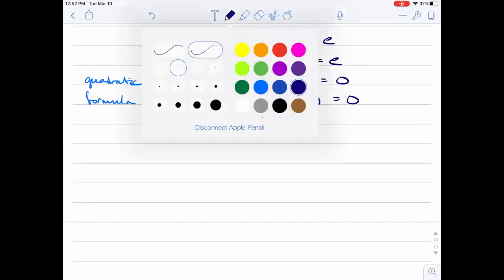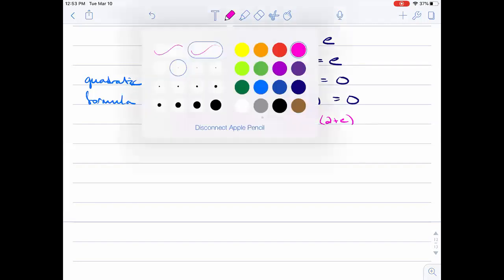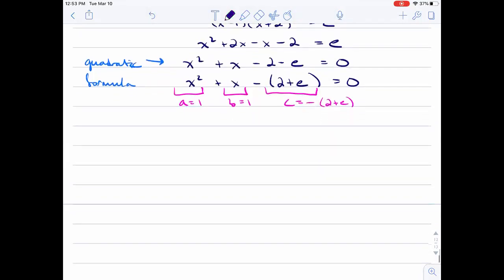Okay, so for my quadratic equation, a is 1, b is 1, and c is negative 2 plus e. I could have had the plus negative 2 minus e, but it doesn't matter as long as you're keeping track of which is which.